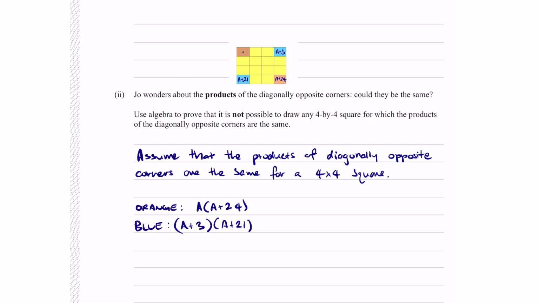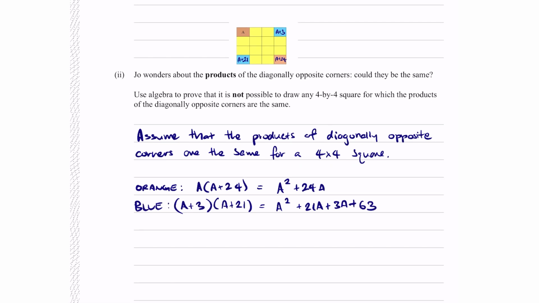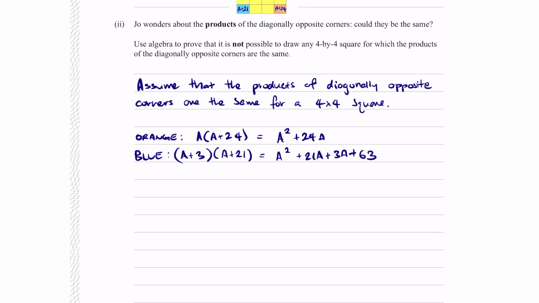If we expand these out, this is the same thing as a squared plus 24a, and this here is the same thing as a squared plus 21a plus 3a plus 63. We've assumed that they are the same, so these corners must be exactly equal. So now we can write an equation which says that the left-hand side is equal to the right-hand side, or orange is equal to blue.